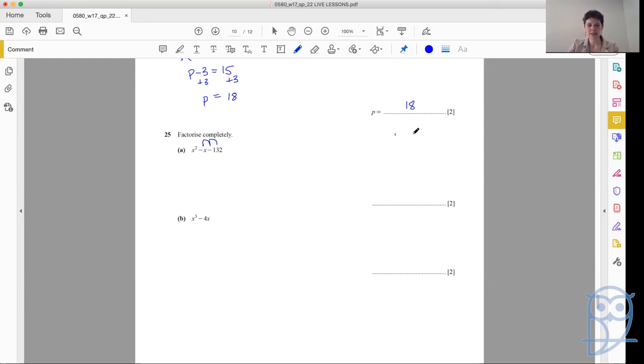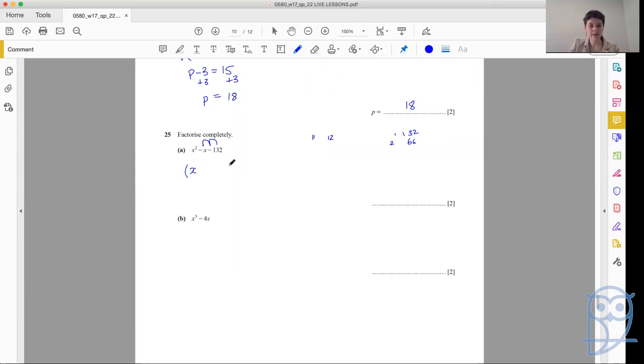So 1 and 132, we are miles away. 2 and 66, we are miles away. But we think, hold on, 11 times 11, 11 squared, 121. Haha, 11 and 12. 11 times 12 is 132, and the difference between 11 and 12 is 1.